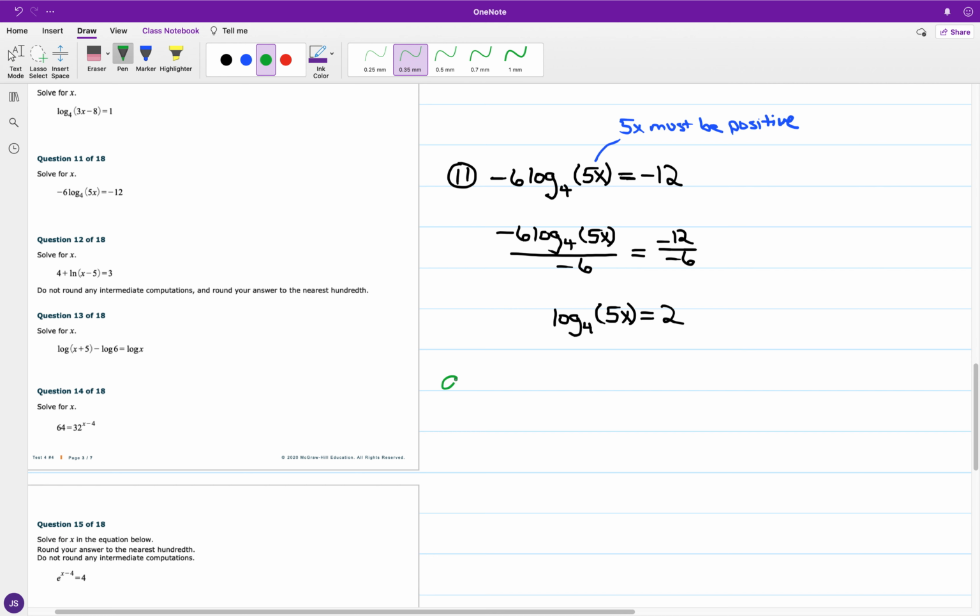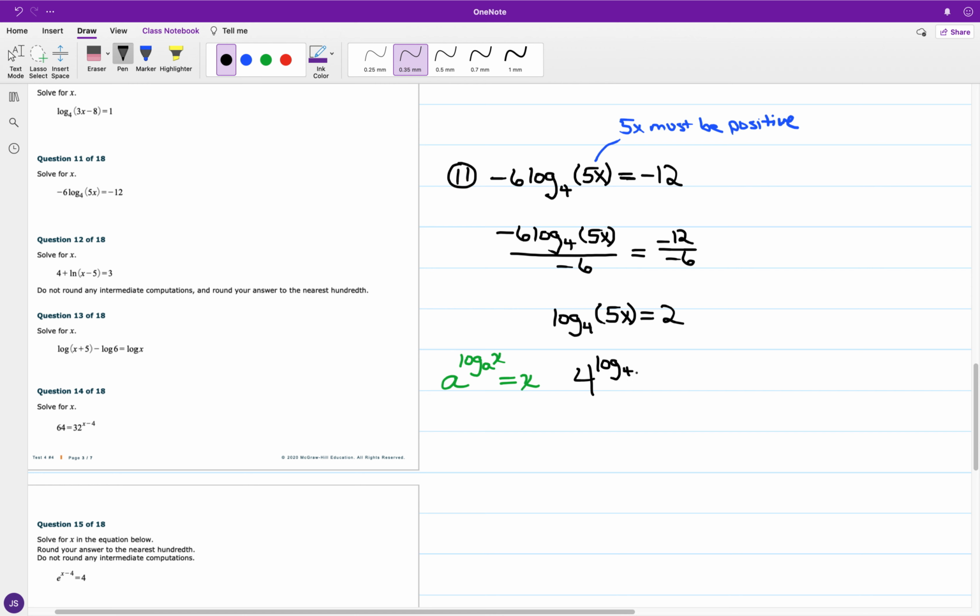So I can take the property again where a to the base a logarithm of x is equal to x, so I can make the left hand side of the equation 5x. I can treat both sides as powers, to which the exponential base 4 will be raised.